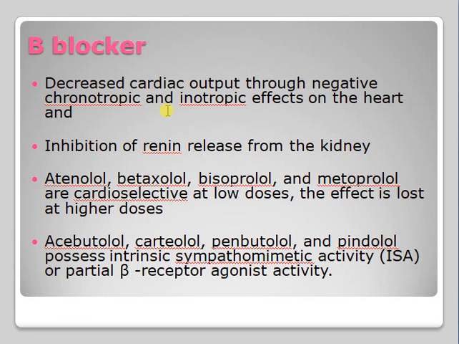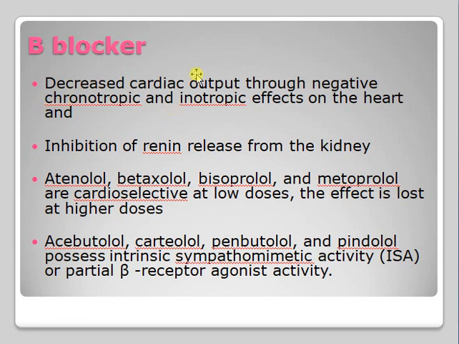Otherwise, they can directly block the beta 2 receptor also, or block beta 3 receptors also. So we have to go for selectivity, otherwise they will produce toxic effects associated with those particular receptors.